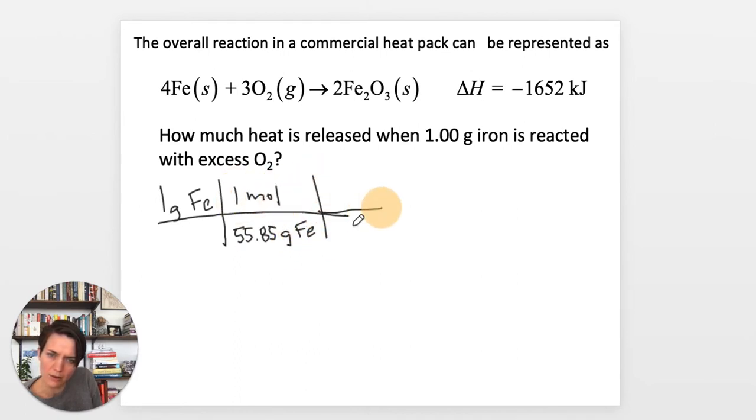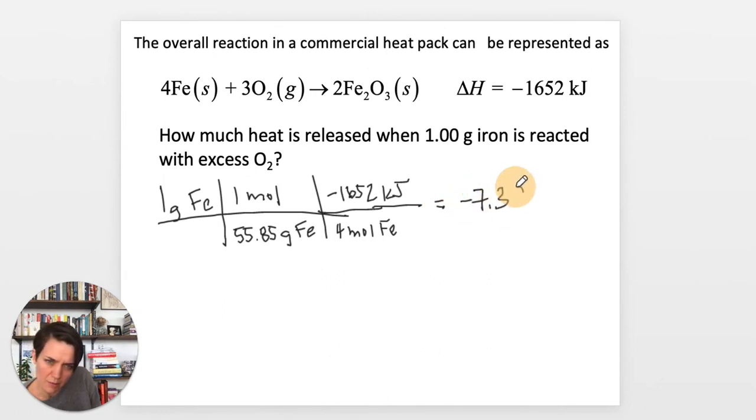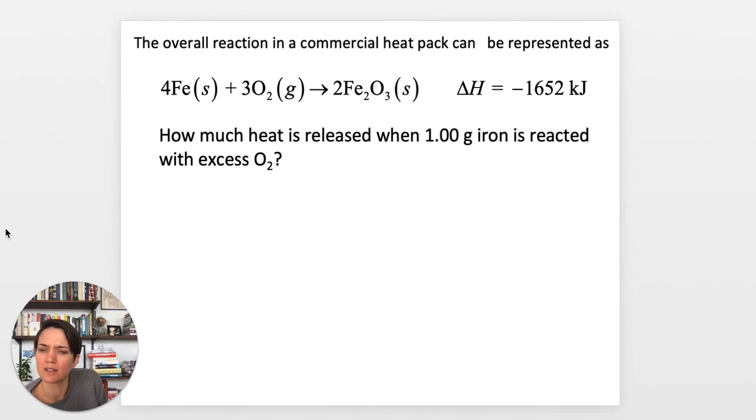And we know if we had 4 moles, we would get our experimentally determined delta H. You plug that into your calculator, and assuming I did everything right, big assumption, you get negative 7.39 kilojoules. Hopefully you're seeing that this is really useful.